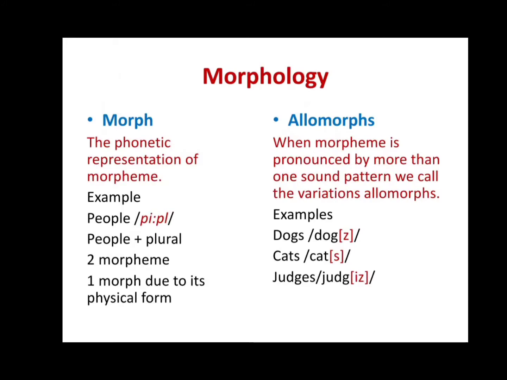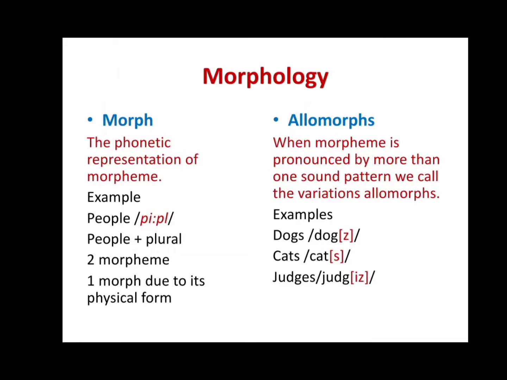For example, people. The phonemic transcription of people. People has two morphemes. People is one morpheme, and its plural form is a second. So it contains two morphemes, one morph due to its physical form.